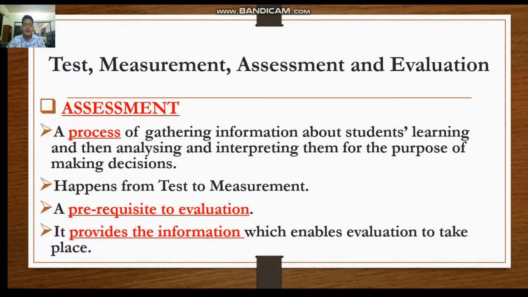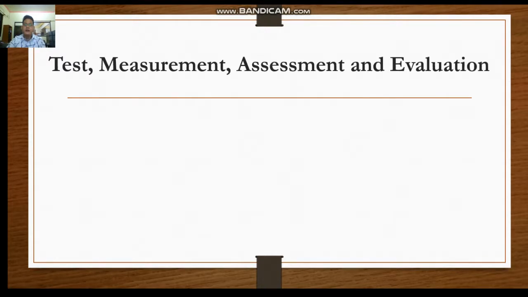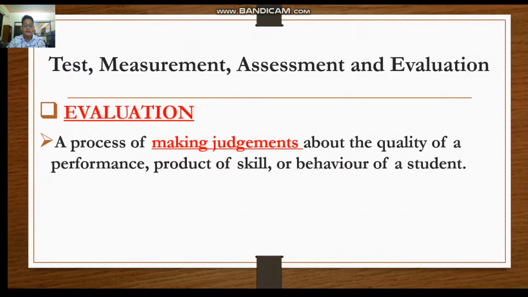And now we have our last topic, our last term, evaluation. So after assessment, the teacher will now give a judgment. That means he or she is going to have an evaluation of student learning. So evaluation is a process of making judgments about the quality of a performance, product, or skill or behavior of a student.